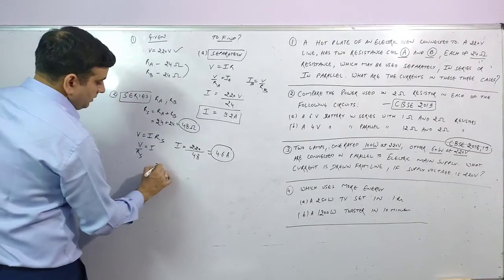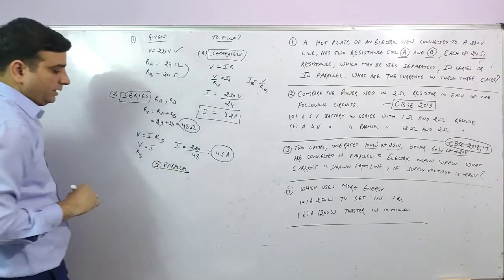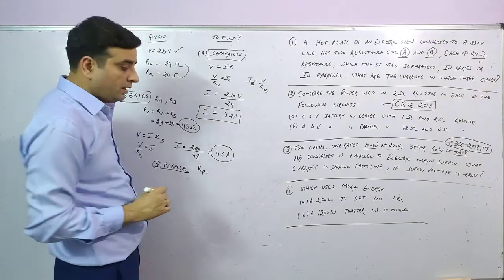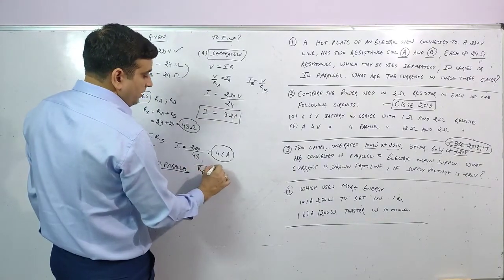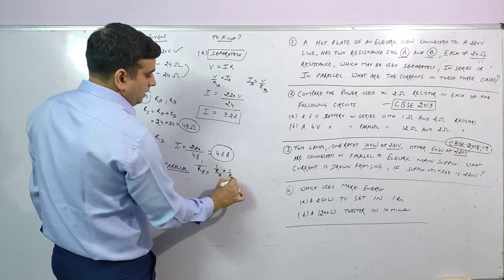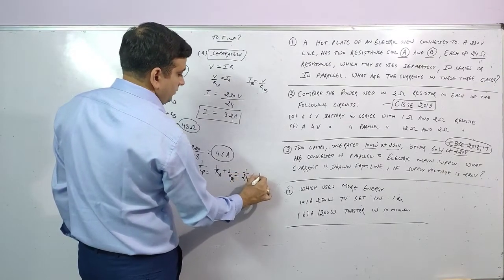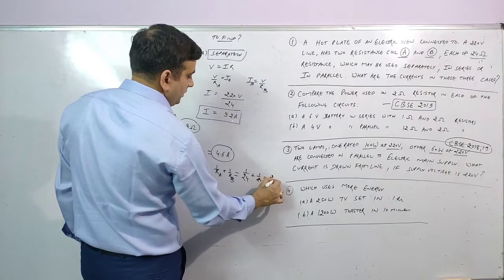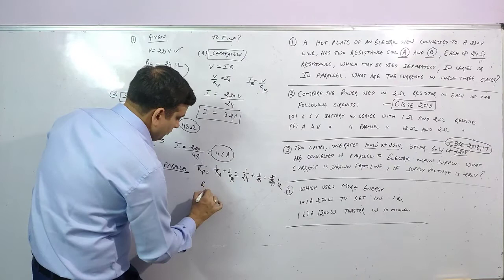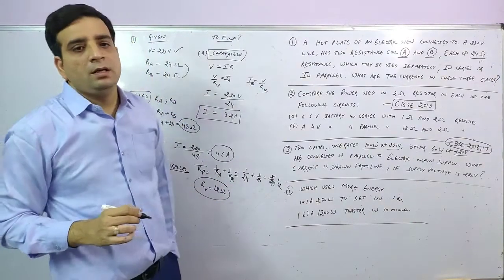The third case is when they are connected in parallel. For parallel, first we have to calculate the equivalent resistance, which is 1 by RP is equal to 1 by RA plus 1 by RB, which is equal to 1 by 24 plus 1 by 24, that will be 2 by 24, upon solving 1 by 12. उल्टा करेंगे इसको हम, तो RP की वैल्यू क्या आ गई? 12 ohm.